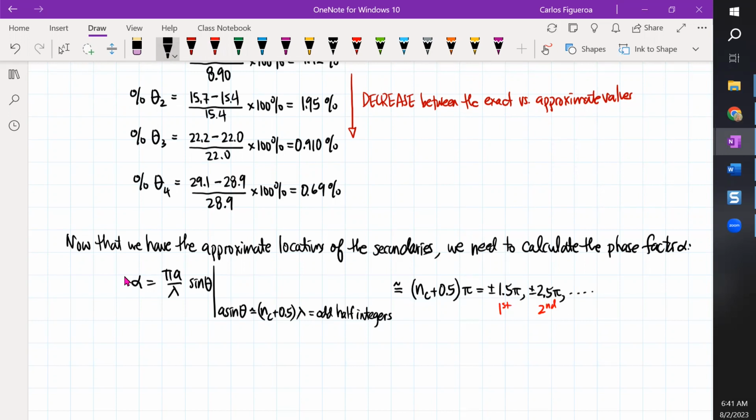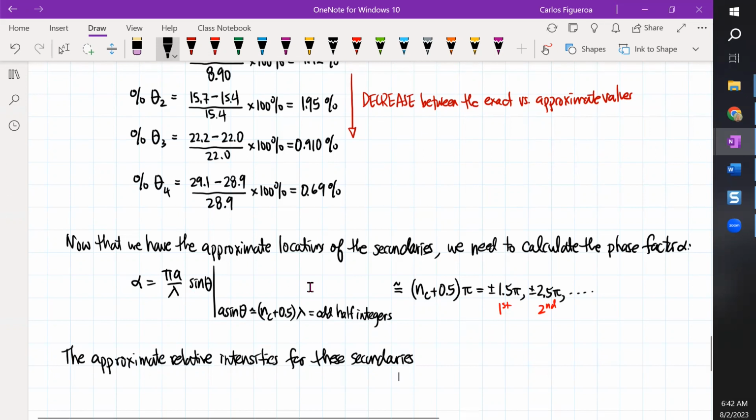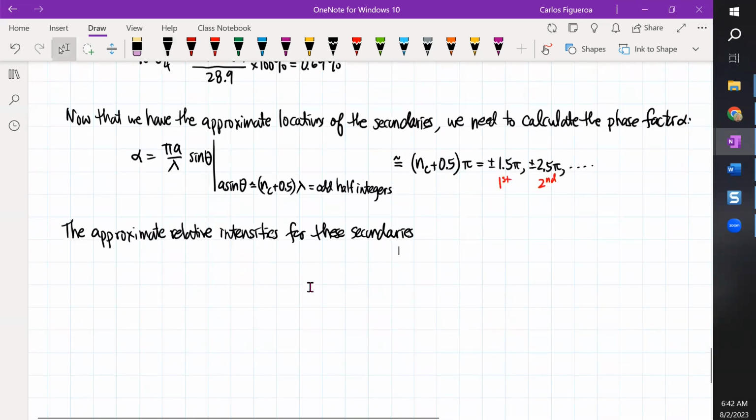So now the approximate relative intensities for these secondaries go by this relationship.